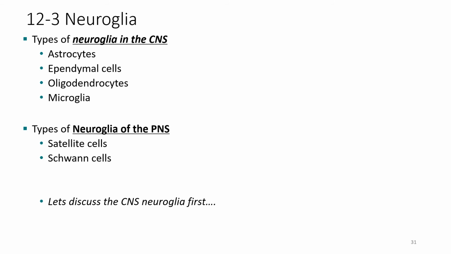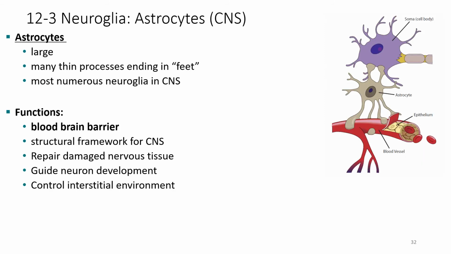So let's talk about the ones in the central nervous system first. So astrocytes are going to be large cells. They have a large cell body with lots of processes coming off. And they are the largest and most numerous neuroglia in the central nervous system. They're called astrocytes because if you use your imagination, they have a star-shaped appearance with lots of these thin cytoplasmic processes which end in feet.